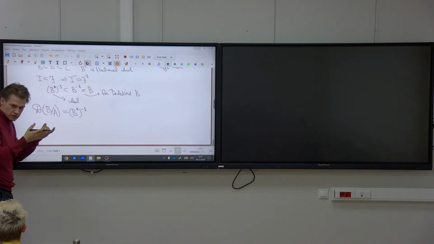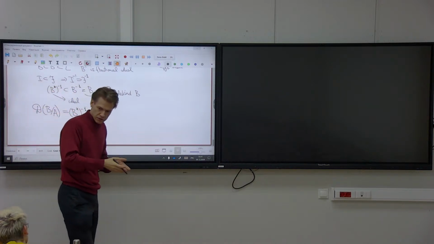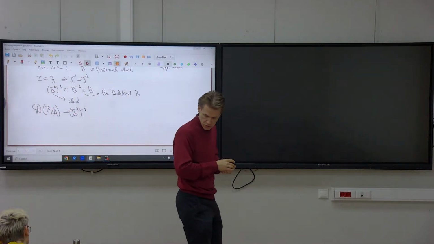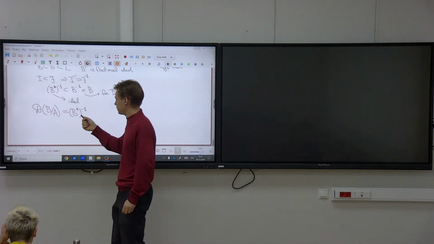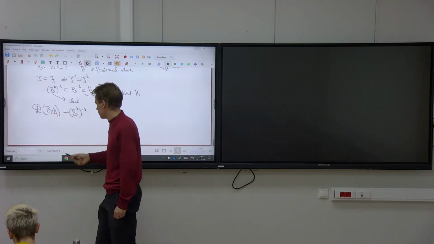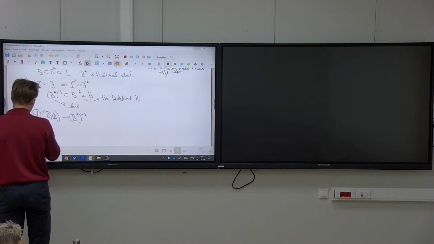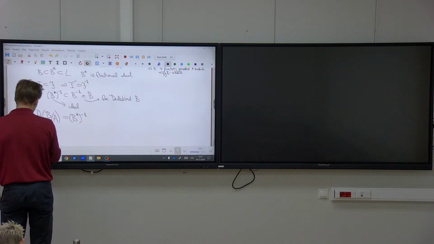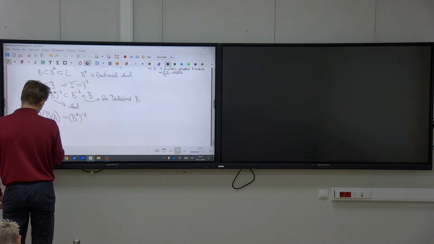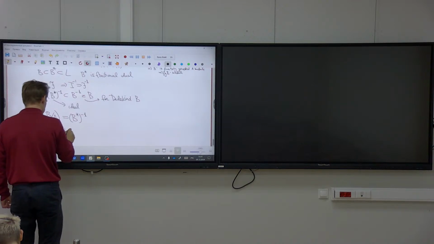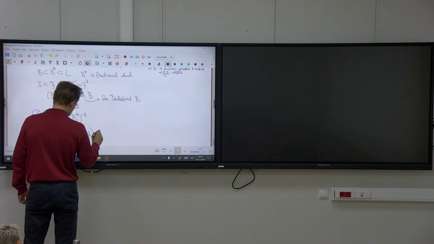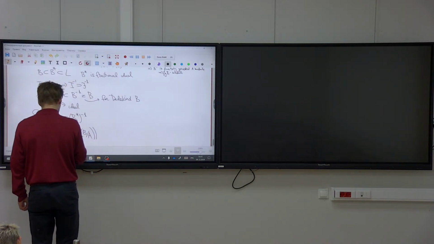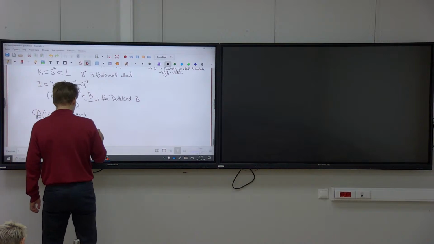Different lives upstairs, it is an ideal upstairs, and the discriminant lives downstairs, it is an ideal in A, a fractional ideal in K. So the claim is that the norm of the different is just the discriminant. So we have the operation of norm from B to A, so the claim is that the norm of the different in B over A is the discriminant.